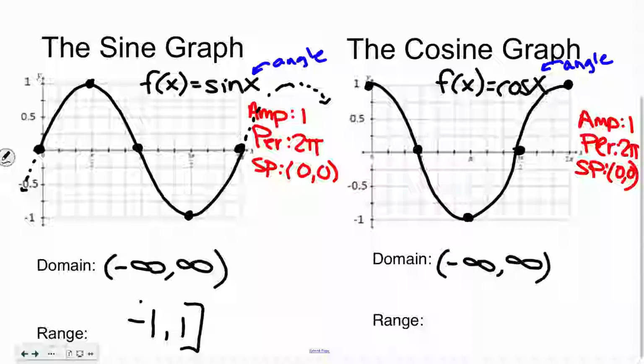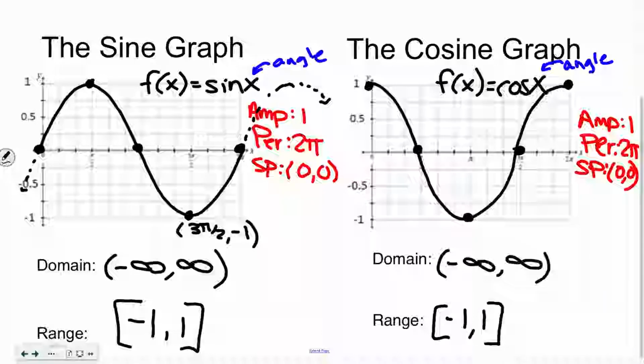So some of us may need to go back and review interval notation. Brackets means included. So this point right here is 3 pi halves, comma, -1. I actually get down to that location of -1, so that value needs to be included in the range. And that's true for cosine too. -1 to 1.